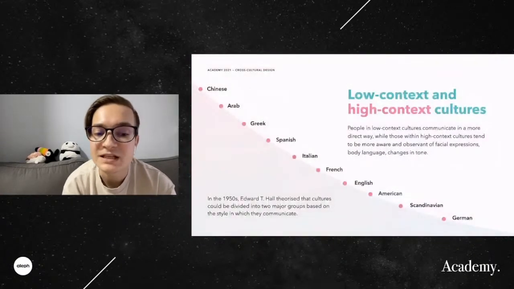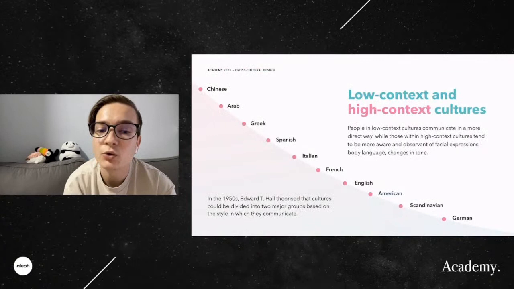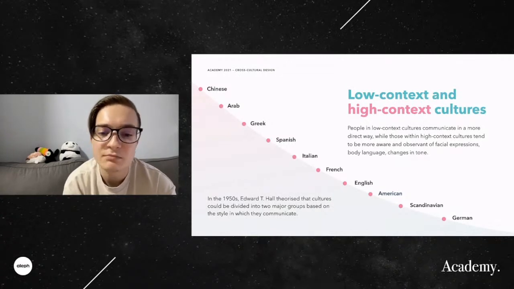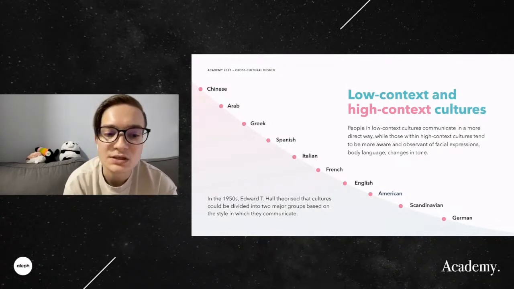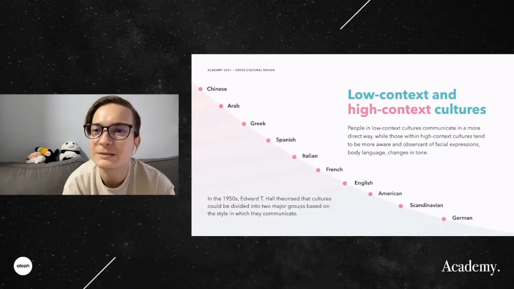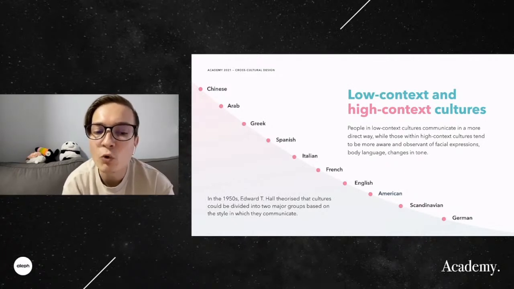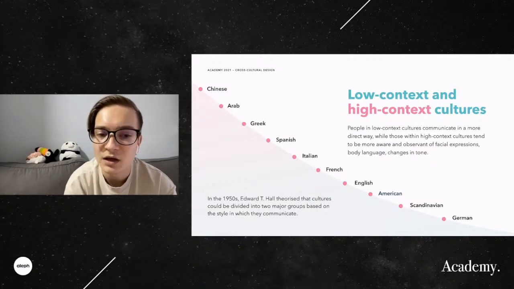See, in the 1950s, Edward T. Hall theorized that cultures could be divided into two major groups based on the style in which they communicate. He noticed that Scandinavians and Germans tend to communicate through explicit statements, while Japanese and Chinese and Arabs would often use body language and tone of voice and silence even.